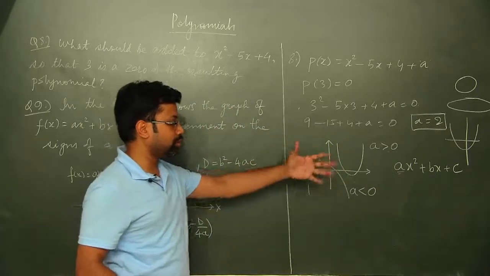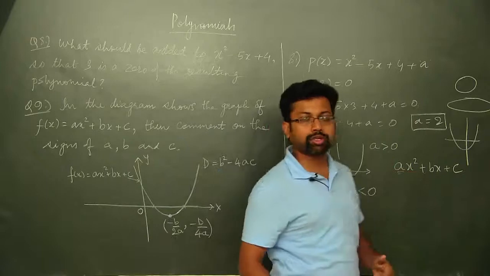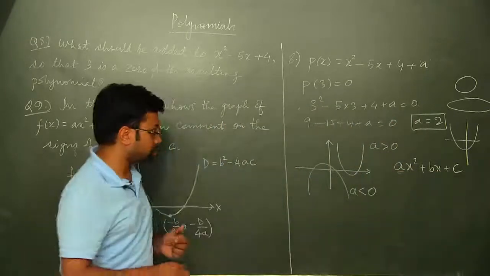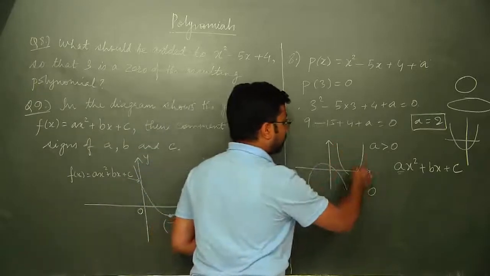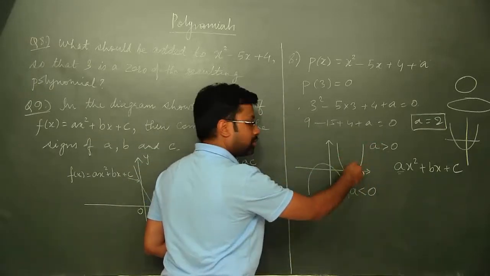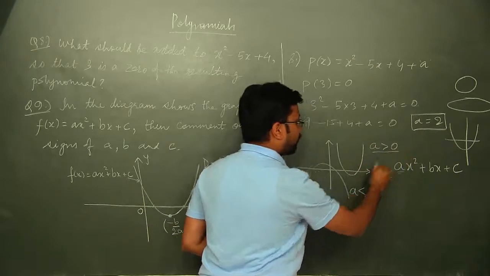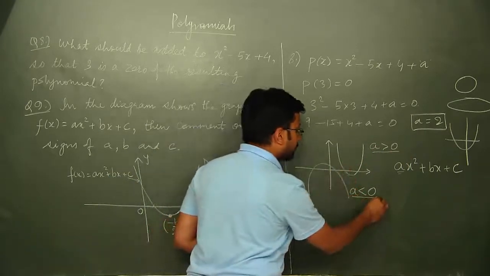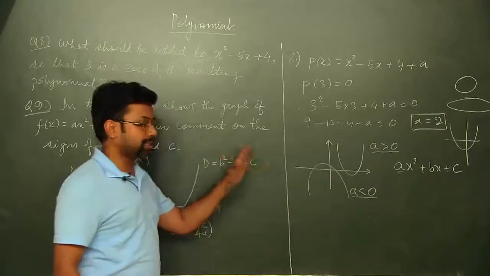This is also discussed in the book, so if you want to understand it, you can go into the book and learn more about it. Whenever the quadratic polynomial is curved upwards, it is U-shaped, the value of a will be greater than 0, and whenever it is inverted, the a value will be less than 0.